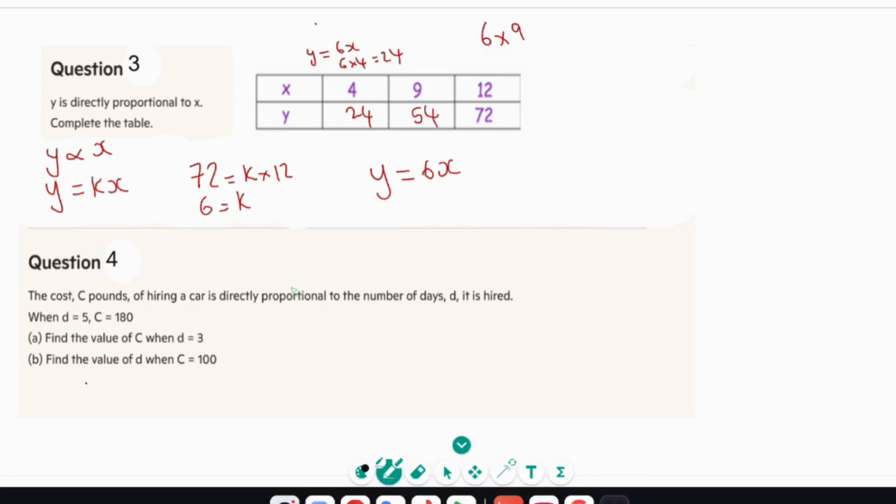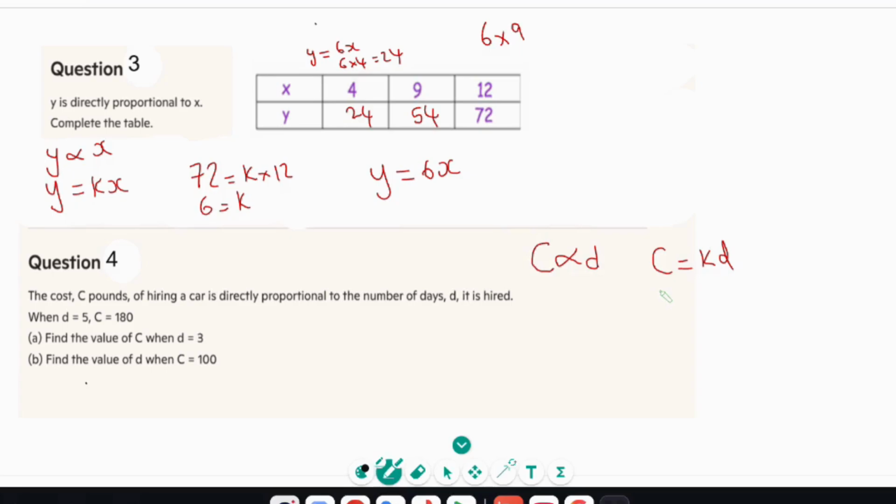Question 4. This is more of a wordy question. The cost, £C, of hiring a car is directly proportional to the number of days it's hired, D. C is proportional to D. C is equal to KD.